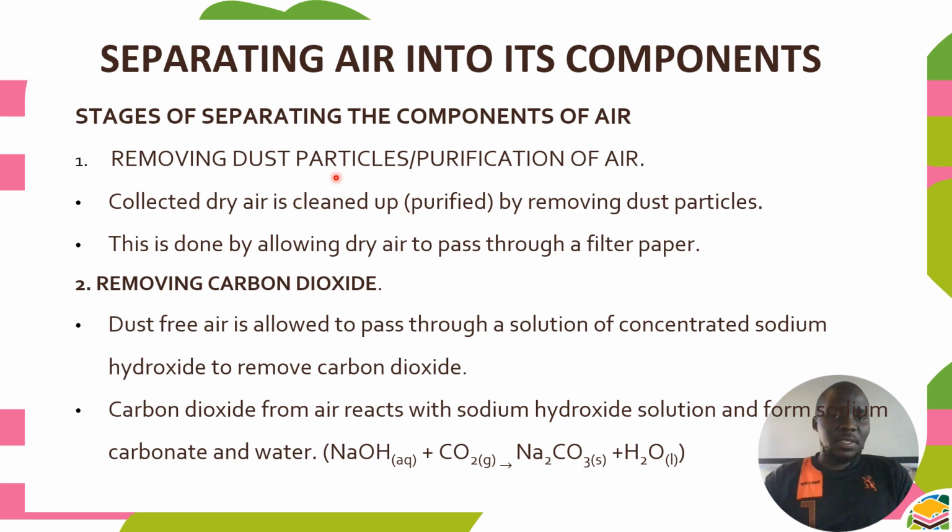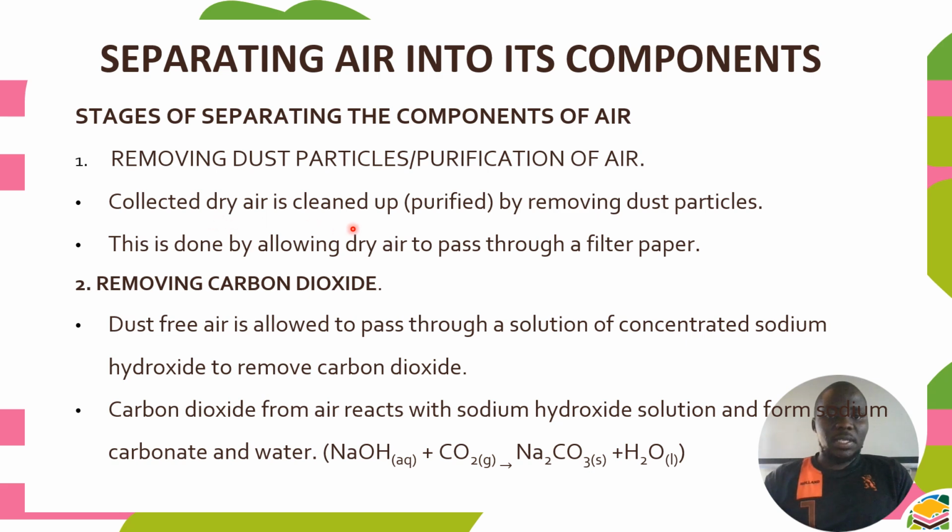The first stage is removing dust particles, or we call it purification of air. Why are we supposed to remove dust particles? We'll be able to answer those questions. Remember, we have soil, so sometimes with the wind, we can have small dust particles within the air. So we are going to remove the dust particles first. Then collect dry air.